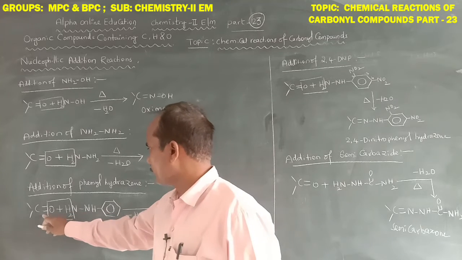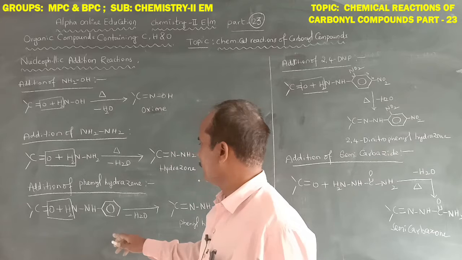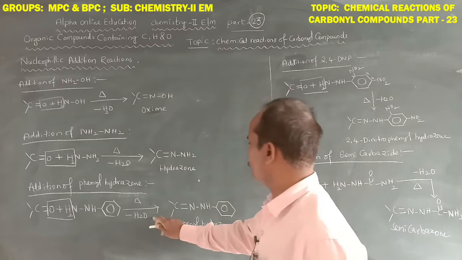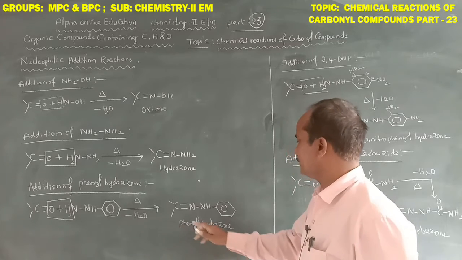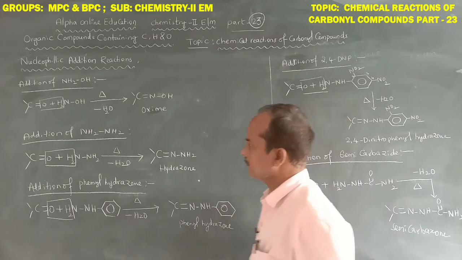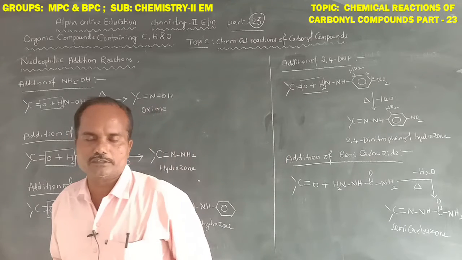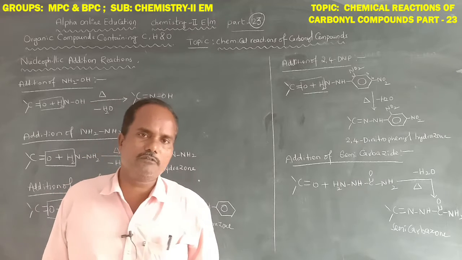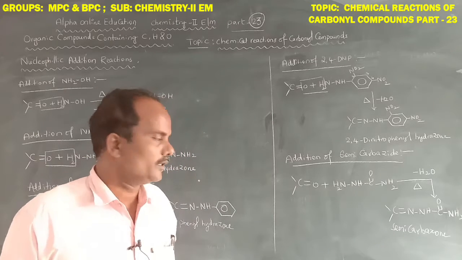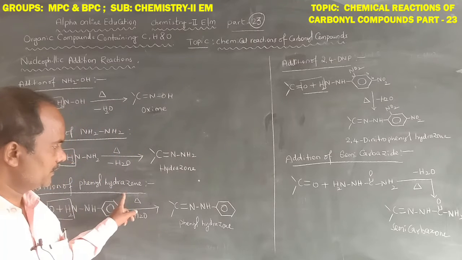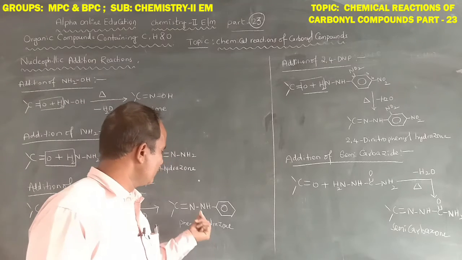A carbonyl compound treated with phenylhydrazine and heated, removal of water molecule takes place, then phenylhydrazone is formed. So this is also used to identify the carbonyl group, one more test, the phenylhydrazone formation.